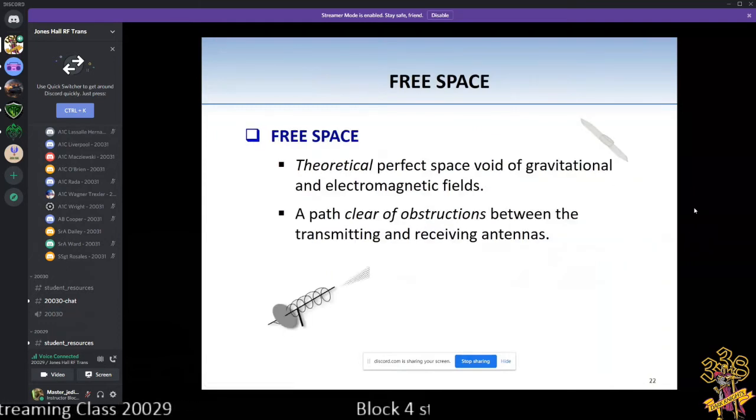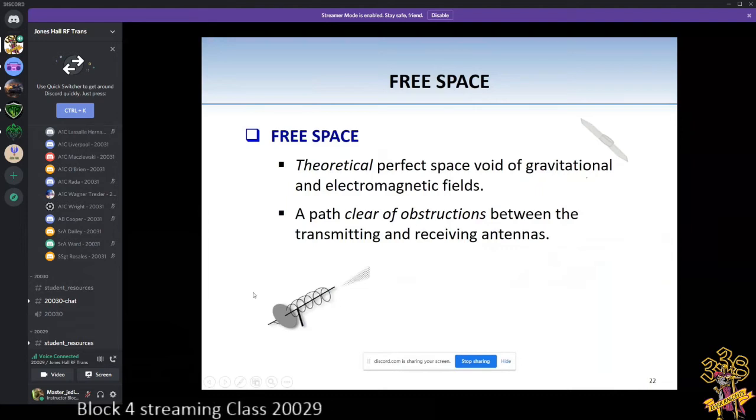Free space. Theoretically, free space is a perfect space void of gravitational and electromagnetic fields. When we just talk about free space, we're just talking more of a path clear of obstructions between a transmitting antenna and a receiving antenna.